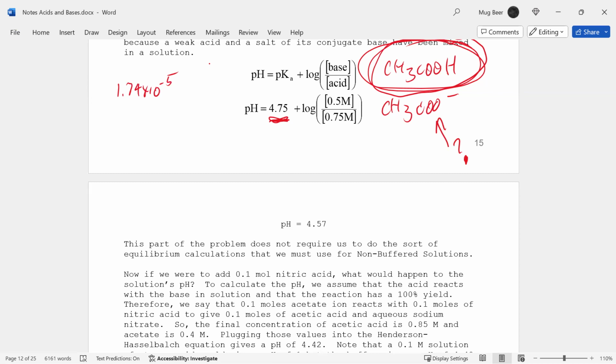It's just going to be 5, right? But it's not just 10 to the negative fifth concentration. There's a little bit more in it, right? It's 1.74. It's not 1. So that means it's going to be a little bit more acidic. There's a little bit more dissociation of that weak acid. So the pH number isn't going to be 5. It's going to be a number a little less than 5. And so that's why the pKa number is 4.75.